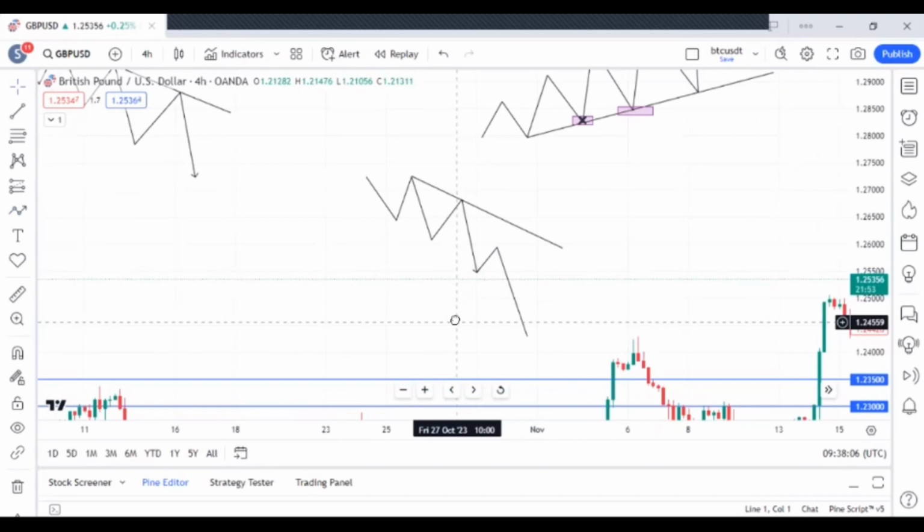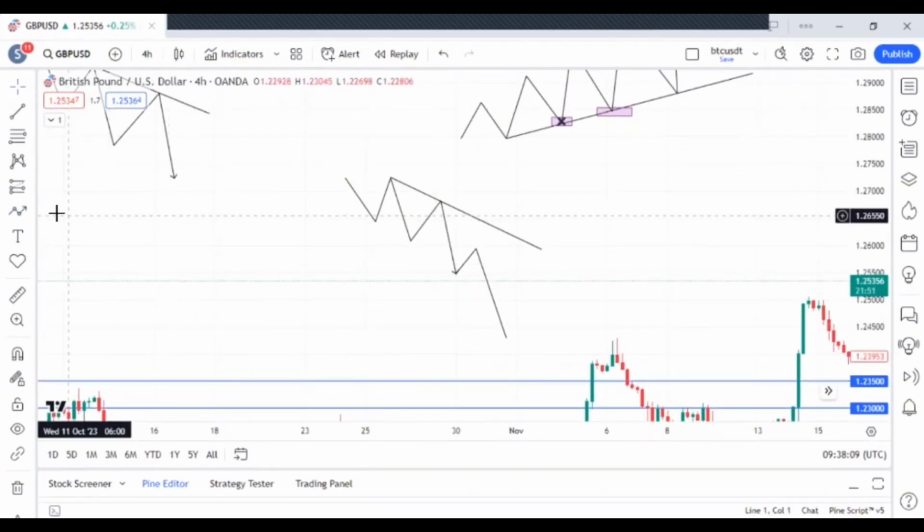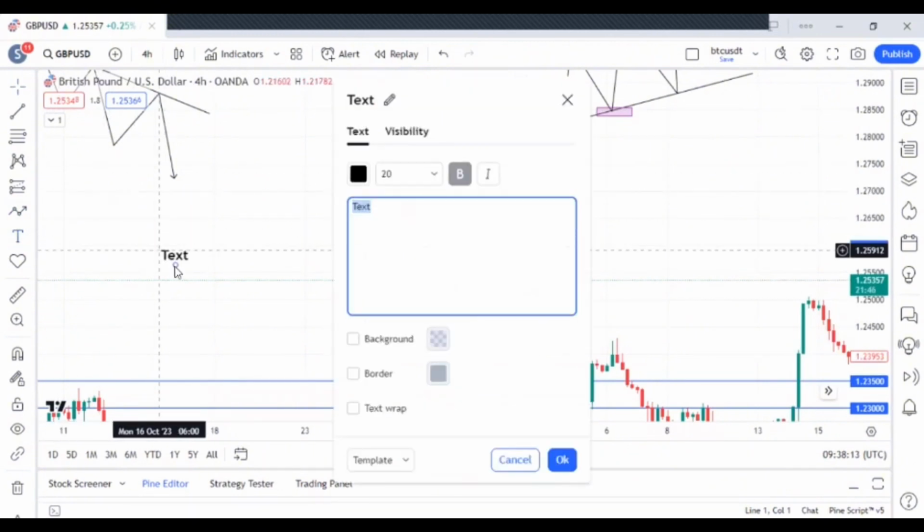So whenever this kind of thing happens, that's why I said I have two ways which I use to draw my trend line. Let me first of all read them out.